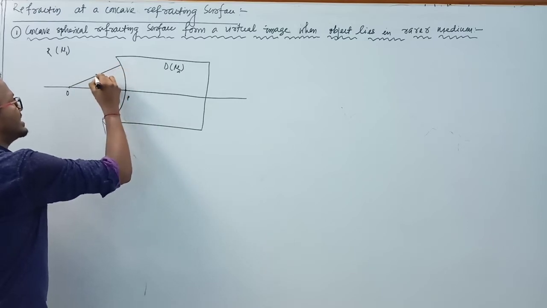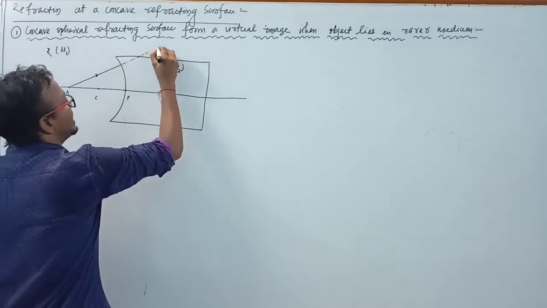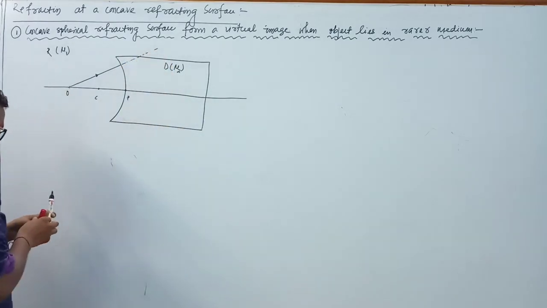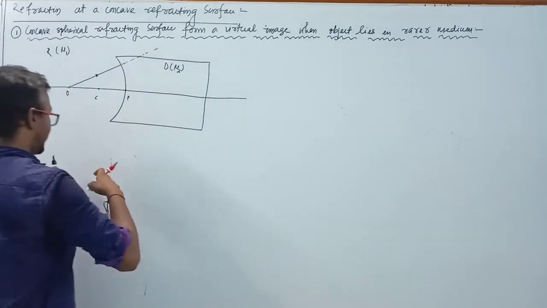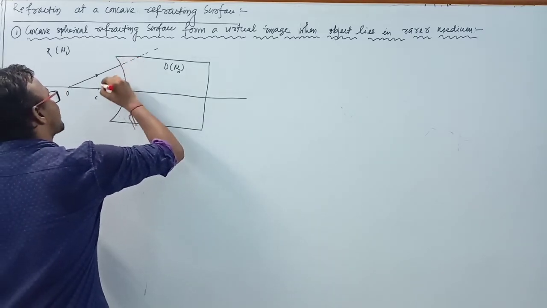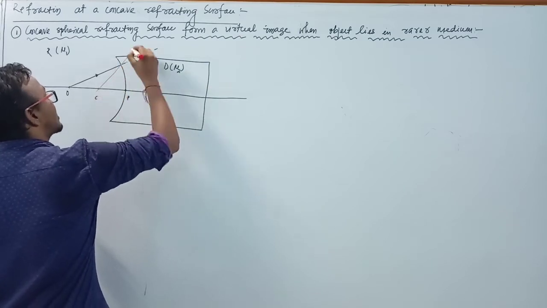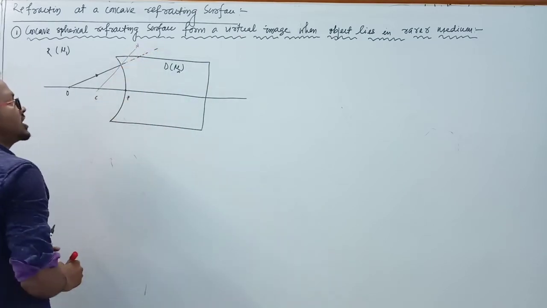This is the incident ray. Now we have to draw a normal, and this normal will pass through the center of curvature.